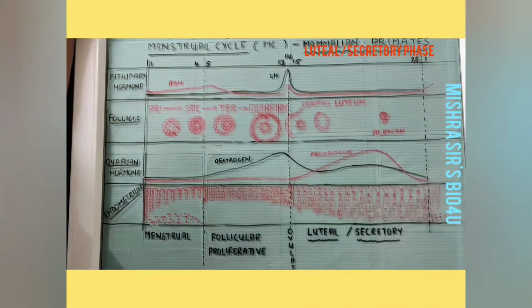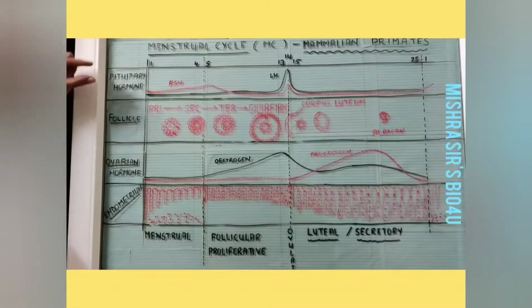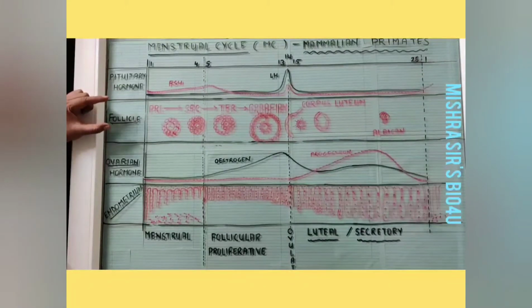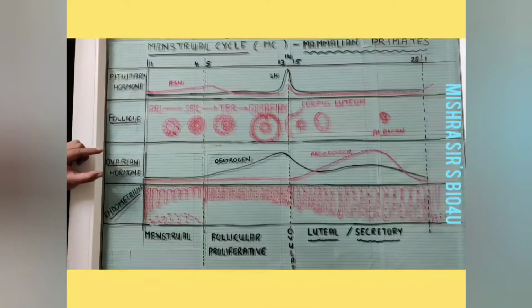Now, it is complex because 4 changes take place simultaneously in the body of the female. One place is the pituitary, whose hormones fluctuate. Second is the ovarian follicles, which undergo development. Third is the ovarian hormones, whose levels again fluctuate.